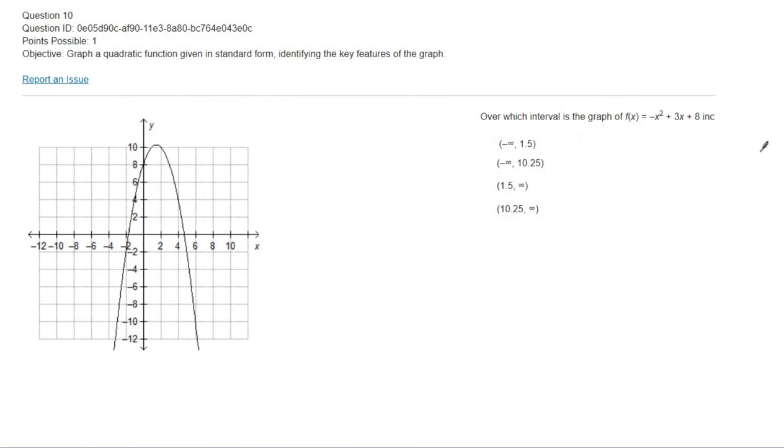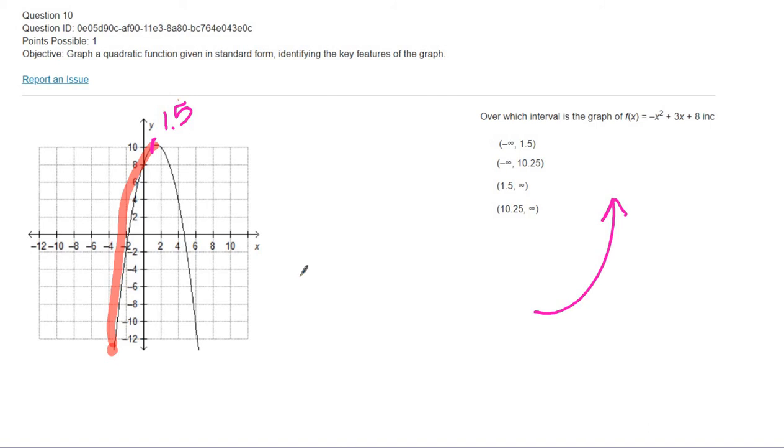And on this one, where is it increasing? The same idea as in the other question: it's increasing when the slope is positive. Notice that it's positive from here, which we're going to call infinity because it technically keeps going, and it changes direction right at, looks like, 1.5.